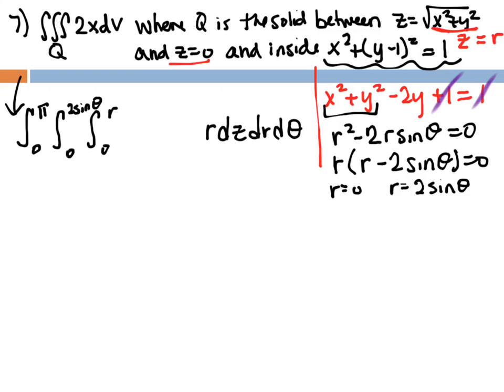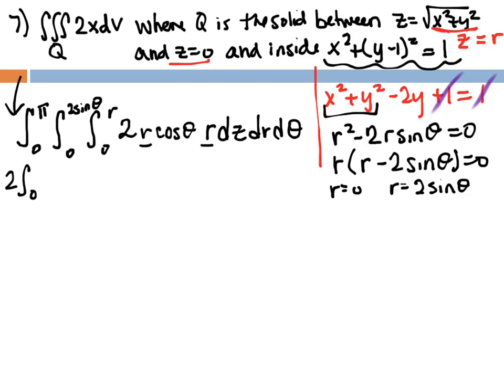I'm supposed to be integrating 2x, so 2's fine, and if you don't even want the 2 in there, you can pull it out to the very front. But what's the x going to be? R cosine of theta. So I actually have r squared inside here now. Let me just do one step real quick.